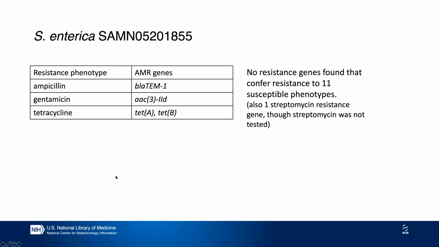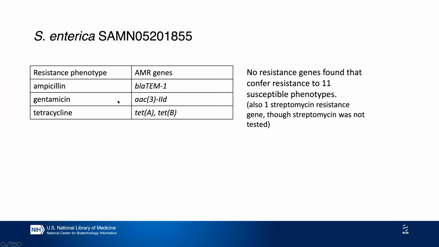So this Salmonella, I just showed you this, the resistance phenotype. This was an isolate for which we had resistance phenotypes. It's ampicillin resistant, gentamicin resistant, tetracycline resistant. It was tested, I think, against 14 other drugs, and no other resistances. And this makes sense. We had a TEM-1 beta lactamase, which is resistant to ampicillin.